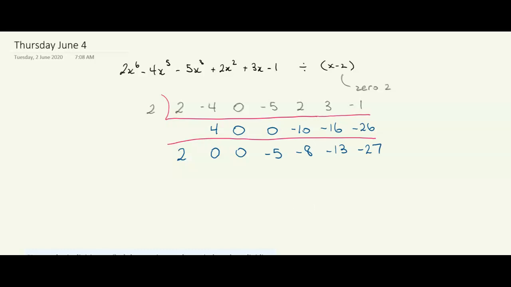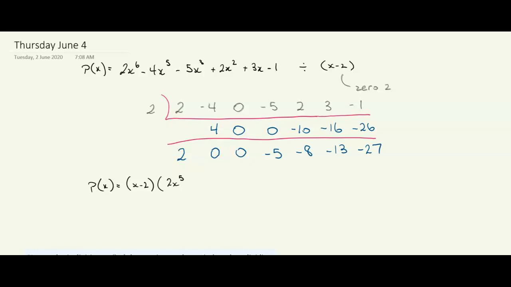So this would appear to be my p(x). My p(x) looks like this to me, that I've got x minus 2 as the divisor, and my quotient turns into this here, because I've divided by a linear. That is now power 5, so 2x to the power of 5, 0x to the power of 4, 0x to the power of 3.